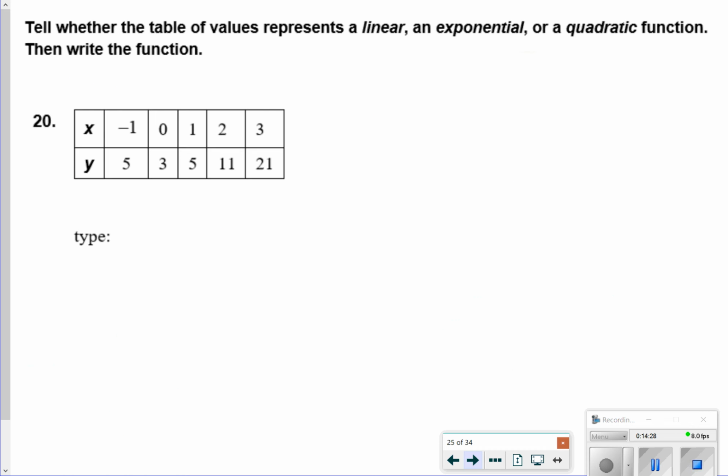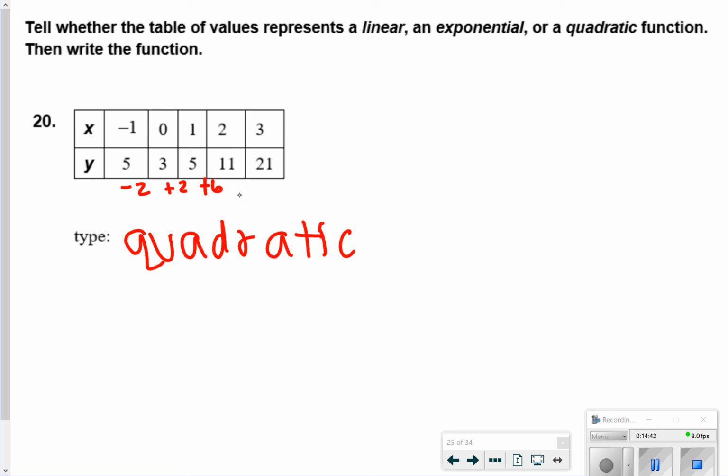Okay. For number 20, this one should be a quadratic, because you have the differences of plus 4, plus 4, plus 4 between the x values of negative 2, 2, 6, and 10, each with the same distance. So what I did here is I found my 0, 3 first.